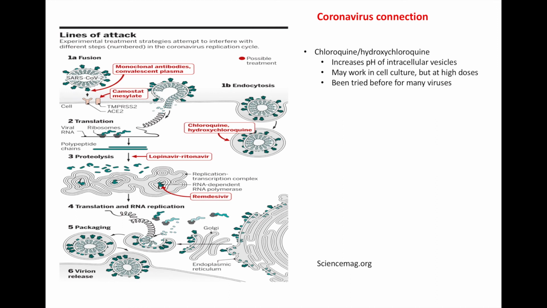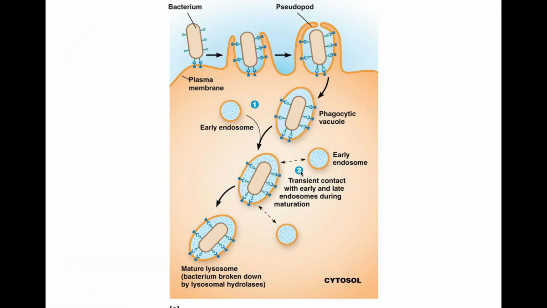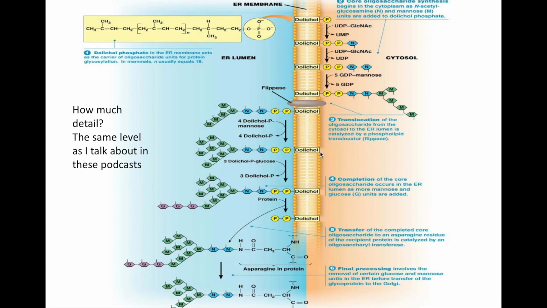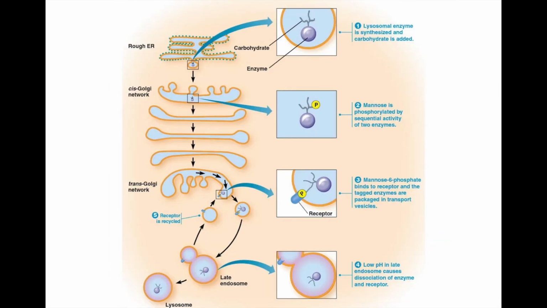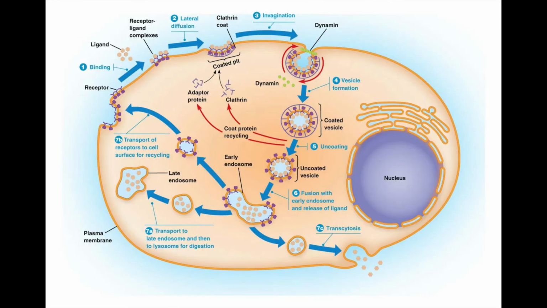So the mechanism for chloroquine, hydroxychloroquine to work is that it increases the pH of these intracellular vesicles. So in an intracellular vesicle, when it fuses with an early endosome, the pH inside these vesicles is around 5, okay, in these endosomes and in the lysosome, versus the pH of the cell, which is about 7.